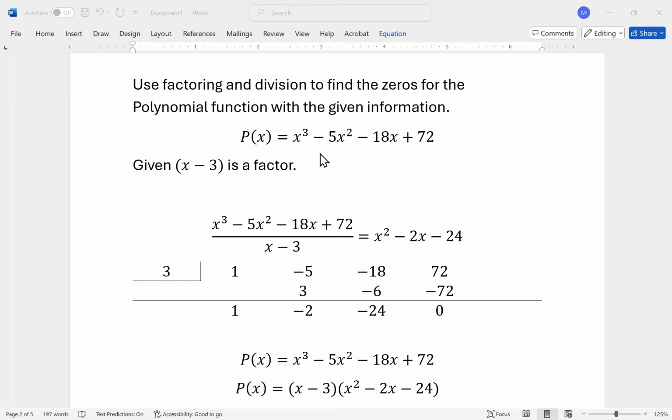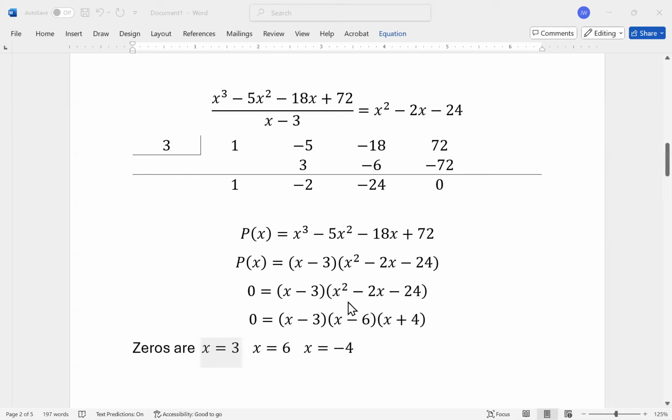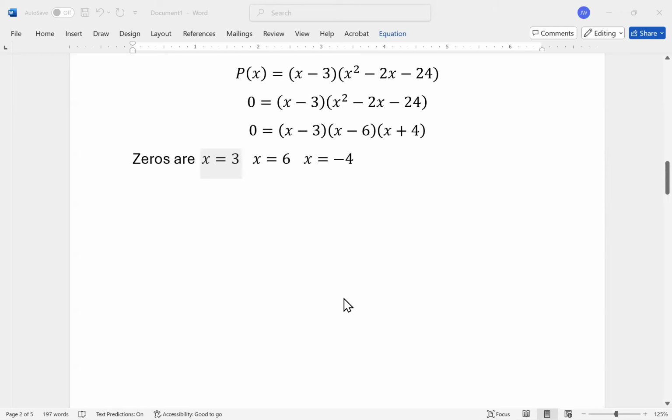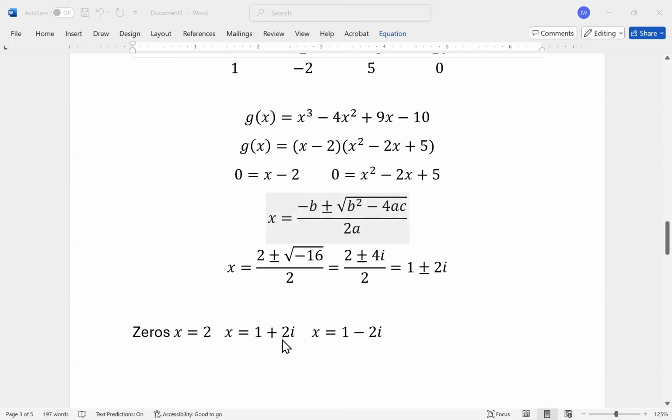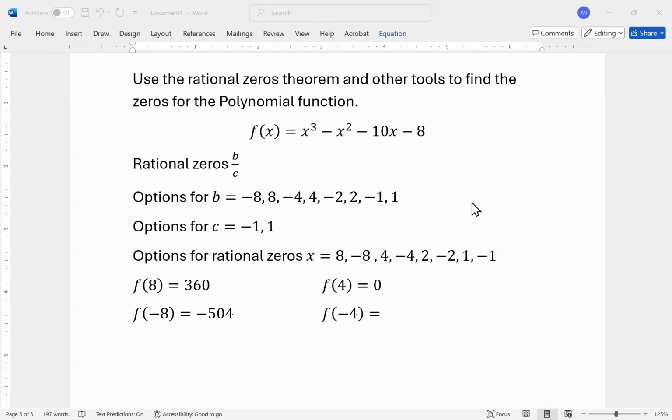Hopefully we can factor, and if it doesn't factor, then we could use the quadratic formula to get my other zeros. However, a lot of the time, it's worth just plugging in all of these other numbers to see if we can find other zeros. So let's plug in a negative 4 as well.